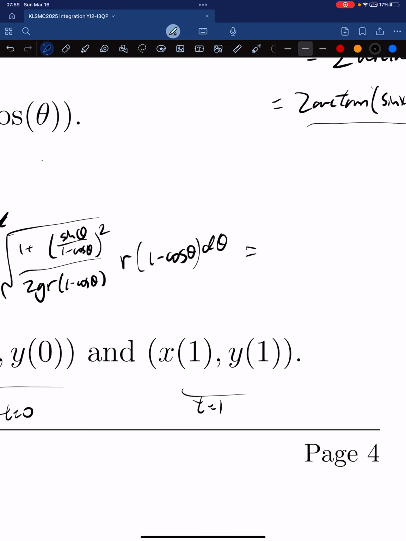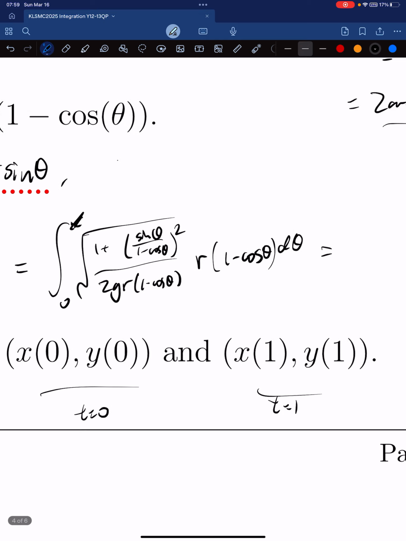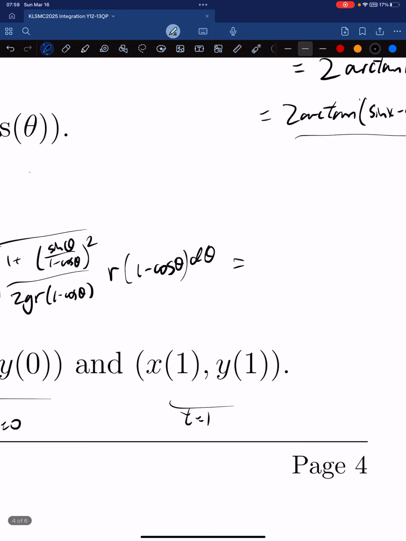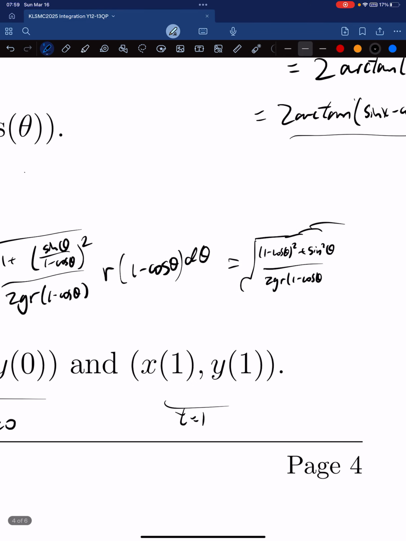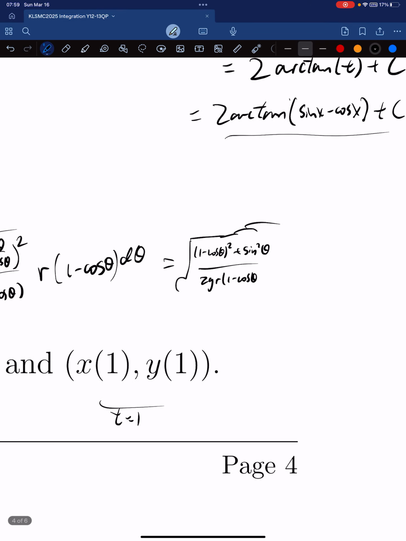If we put this (1 minus cos theta) term inside of our square root, we will get something like (1 minus cos theta) squared plus sine squared over 2gr times (1 minus cos theta), integration of r d theta.